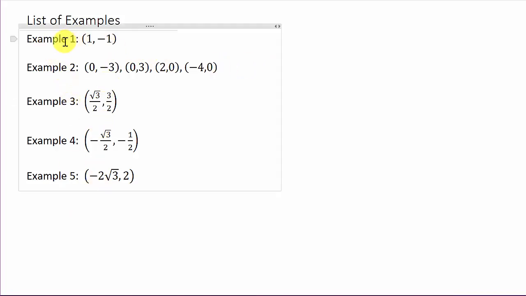So this will be video 1, example 1, example 2, example 3, 4, and then 5. So what I've done is each point, I've done a point in each quadrant, and then this video here, these points lie on the x and y axis, so you can check those out too. Alright, so let's get started.